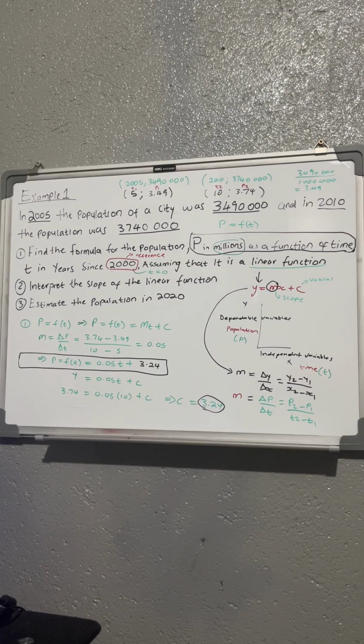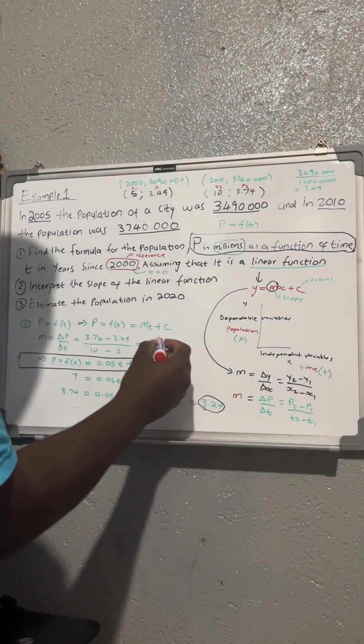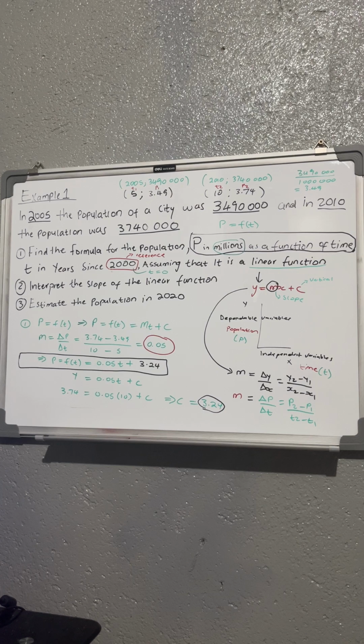So now we're supposed to interpret the slope of the linear function. Where is the slope? The slope is this 0.05 that you got.